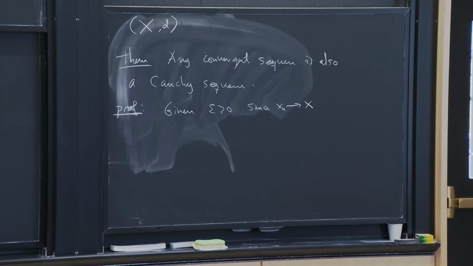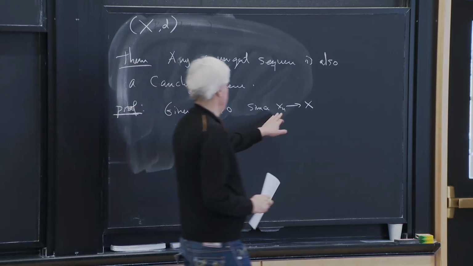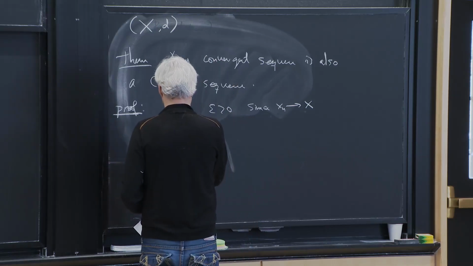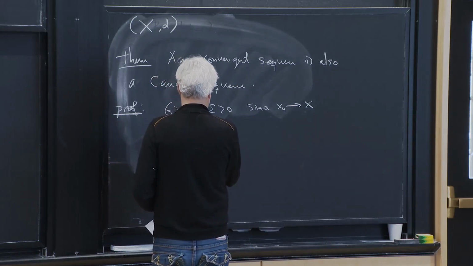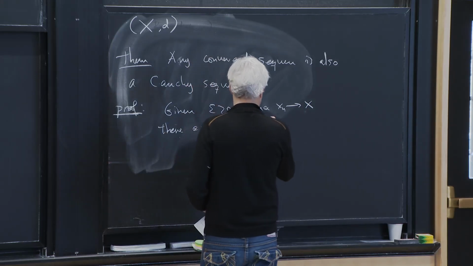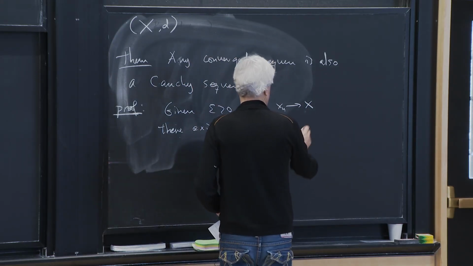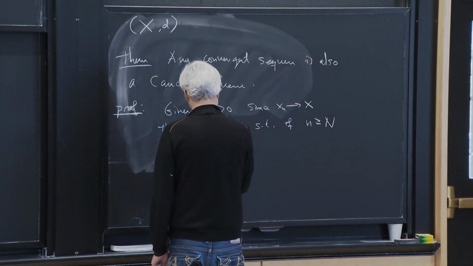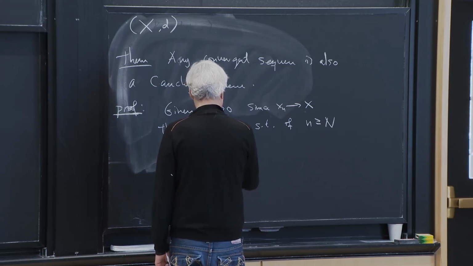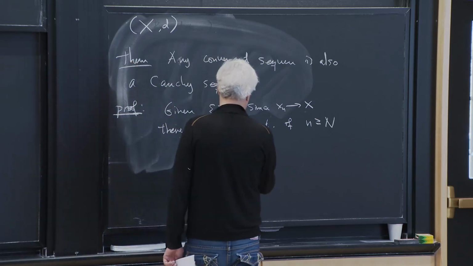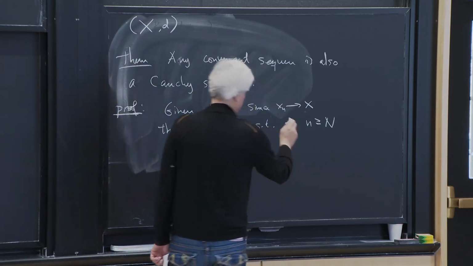Since xn converges to x, this means that there exists capital N such that if little n is bigger or equal to capital N, then the distance between xn and x is less than epsilon over 2.